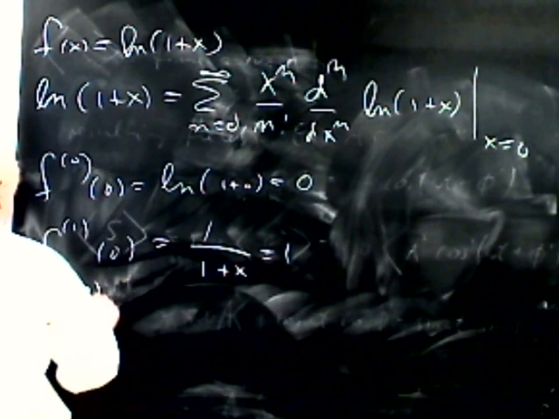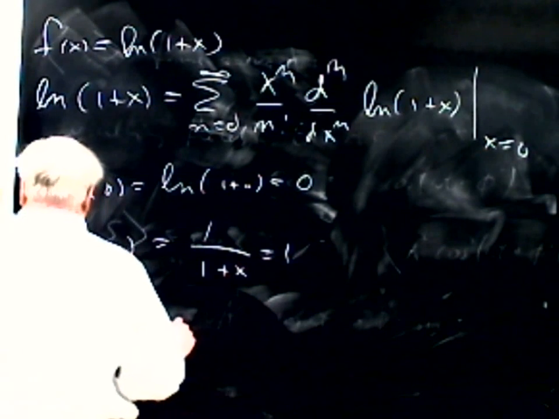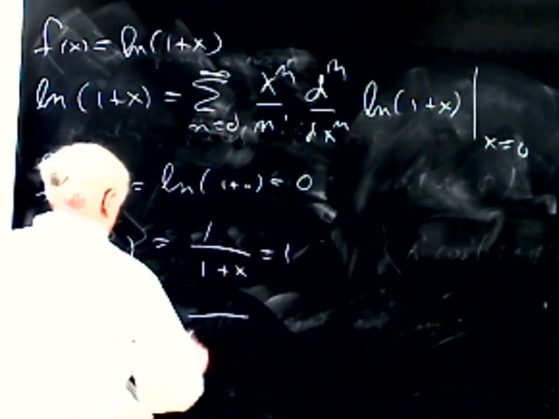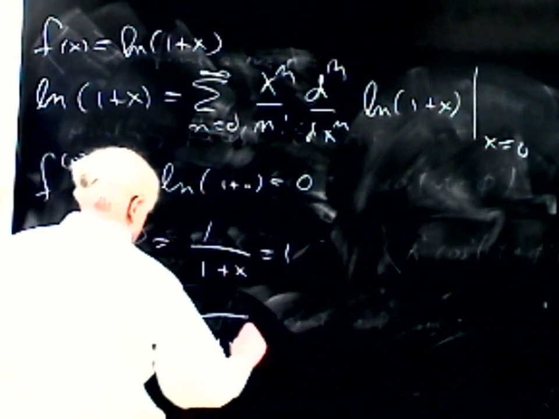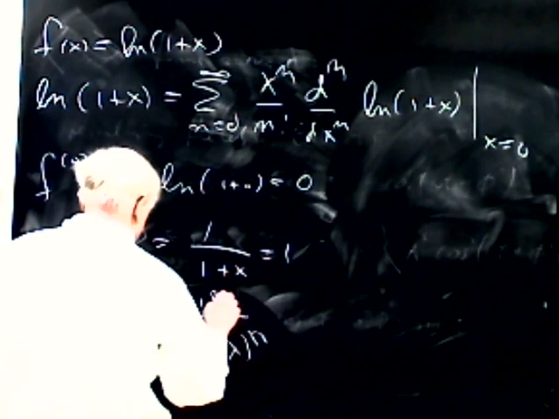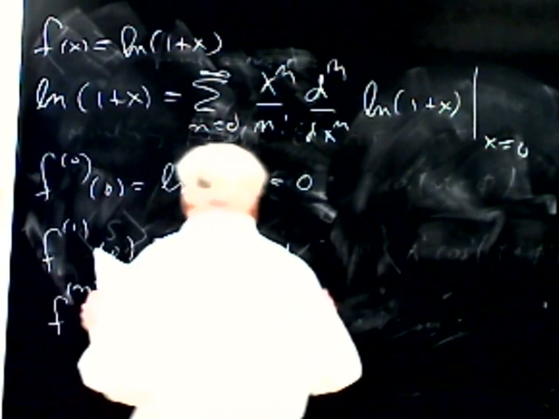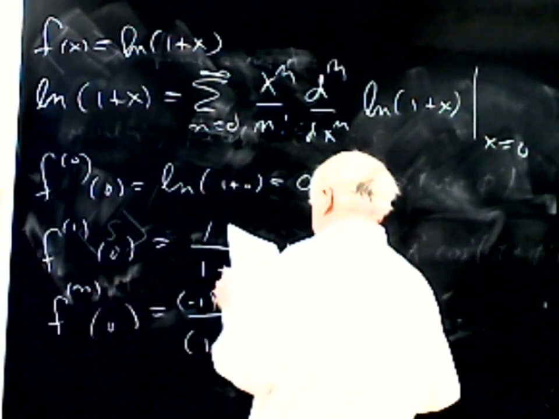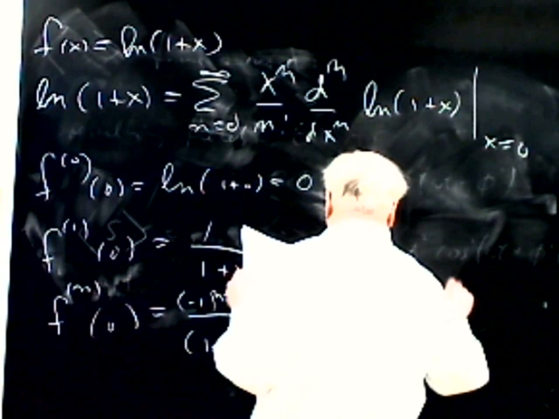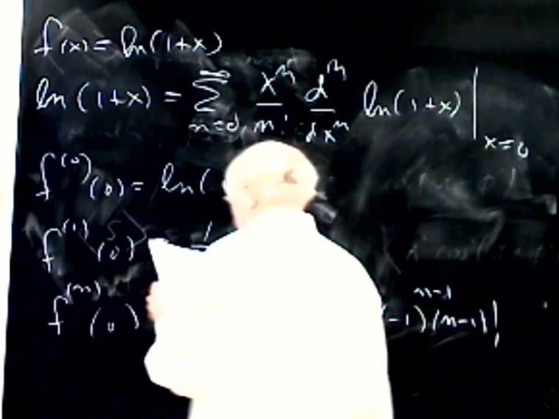And then the nth derivative here is (1 plus x) to the n, with minus 1 to the n minus 1, n minus 1 factorial, at x equals 0. And that is minus 1 to the n minus 1, n minus 1 factorial.